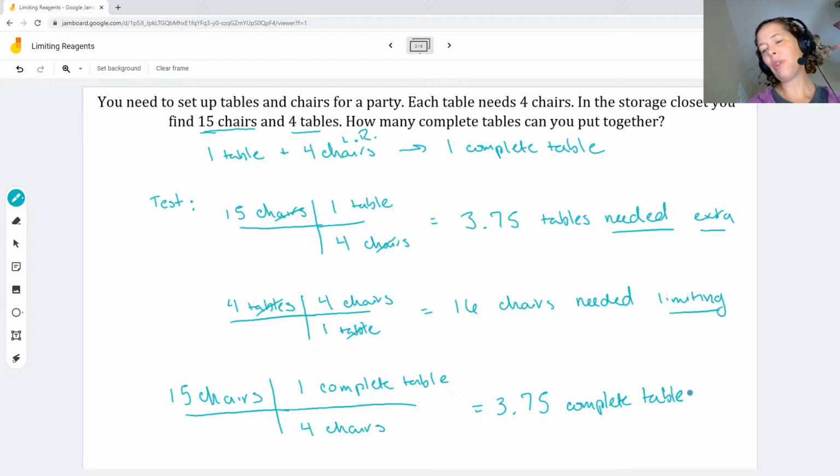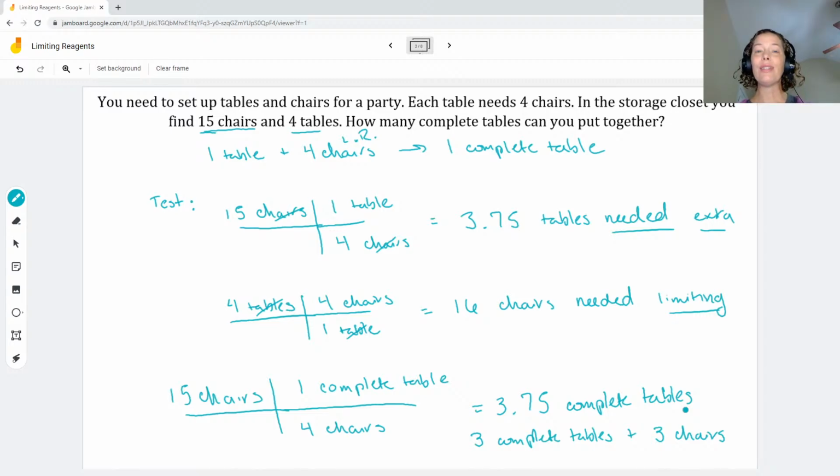Now, when we're dealing with moles, having a fraction of a mole is totally fine. But when we're dealing with complete tables, I can't have 0.75 complete tables. So I have 3 complete tables plus 3 extra chairs. So hopefully, again, that makes sense.